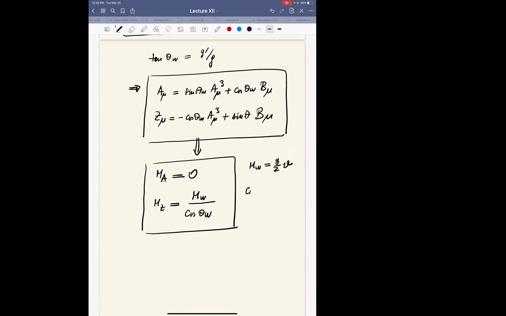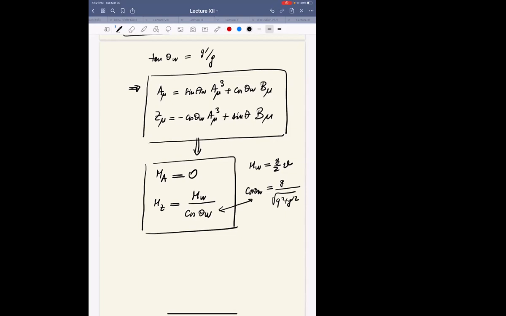And I simply use that cosine theta W is g over square root of g squared plus g prime squared. This is why I have this prediction.